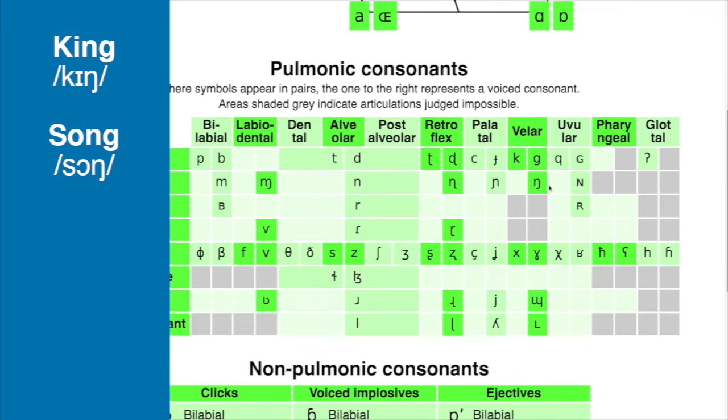And don't be deceived. Just because we usually spell it with two letters does not mean that this is two separate sounds, okay? You do not say king or song. The sound is not an N followed by a G. It's neither of them. It's its own sound, and so it gets its own symbol in the IPA.